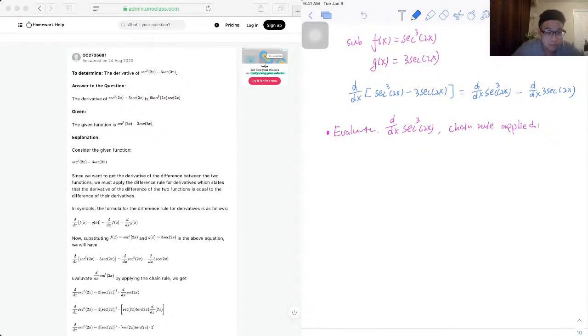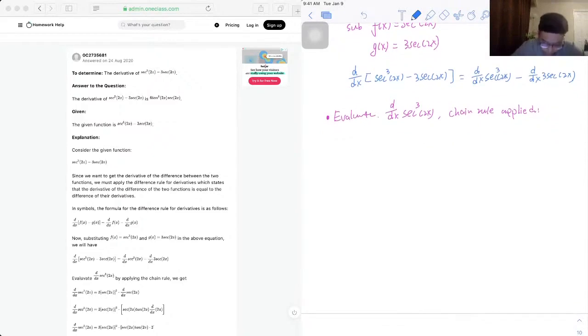So we have the derivative of secant 2x to the exponent of 3, and this is going to be equal to, we take the 3 to the front, so 3 secant 2x to the exponent of 2, because 3 minus 1 is equal to 2, and we also need to do the chain rule part, which is the derivative of secant 2x.